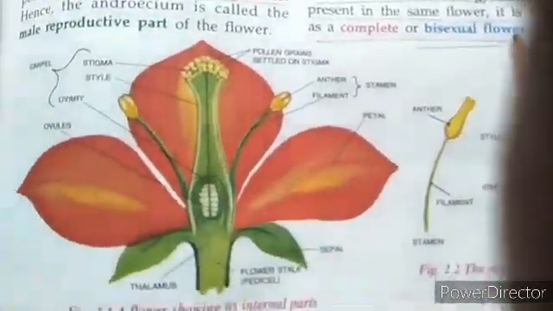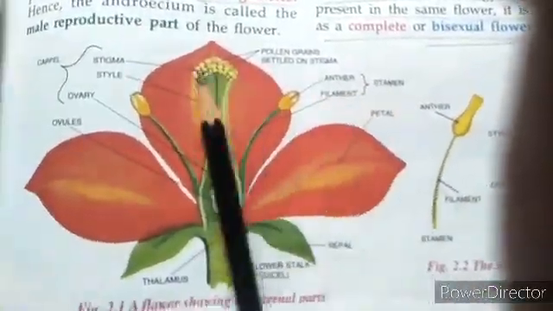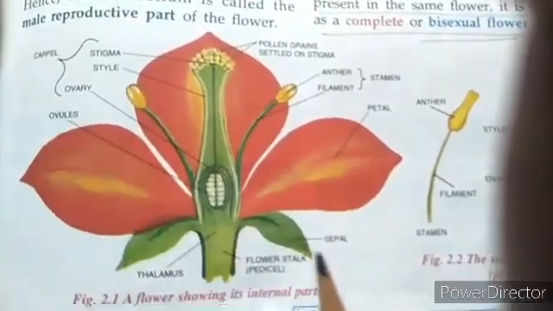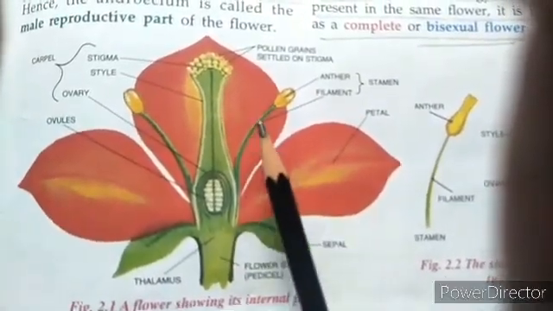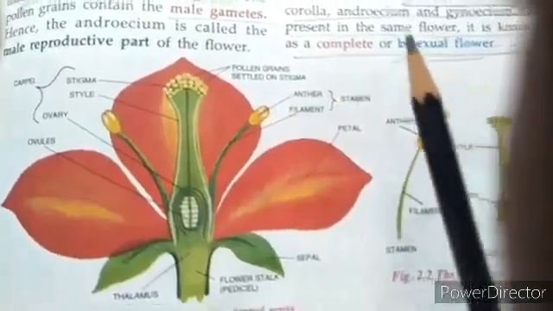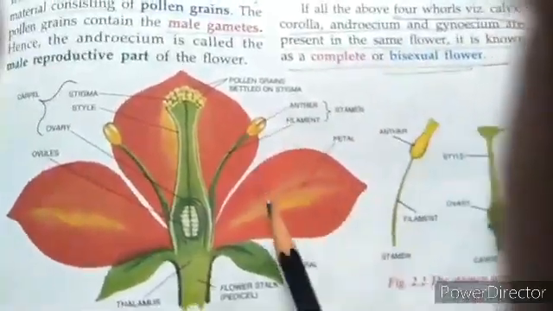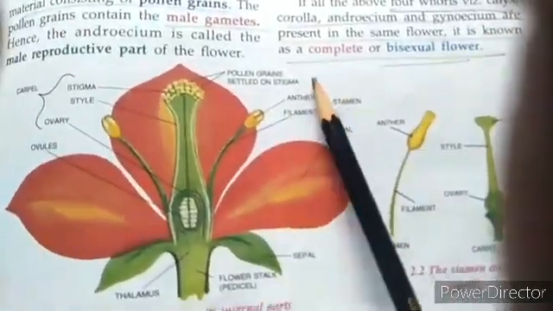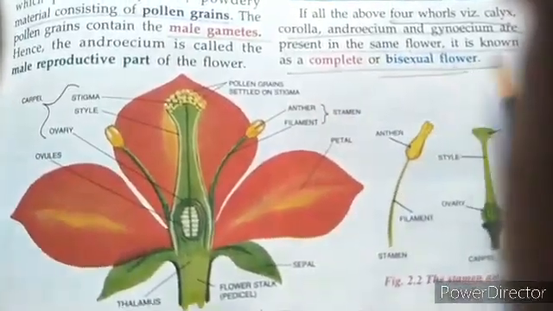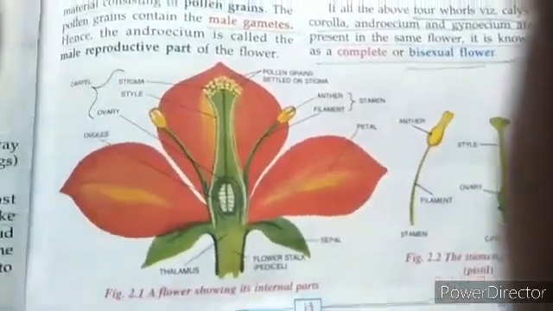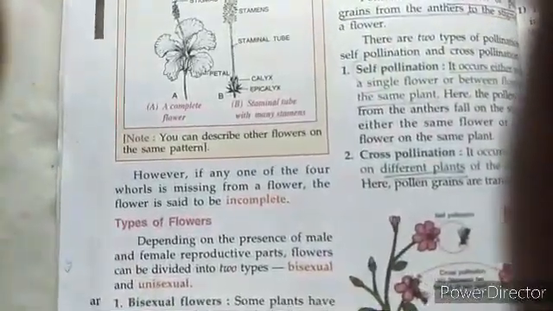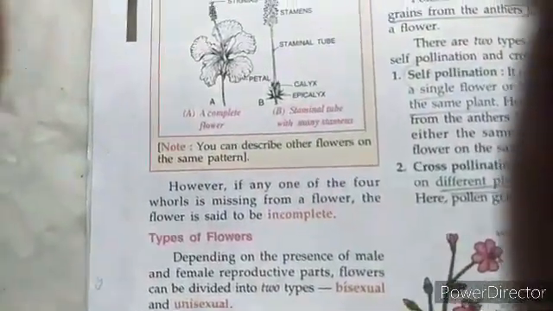So if all the four are found in the same flower, then such a flower will be known as a complete or a bisexual flower. A bisexual or complete flower is a flower that contains all the four whorls, which include calyx, corolla, androecium and gynoecium.